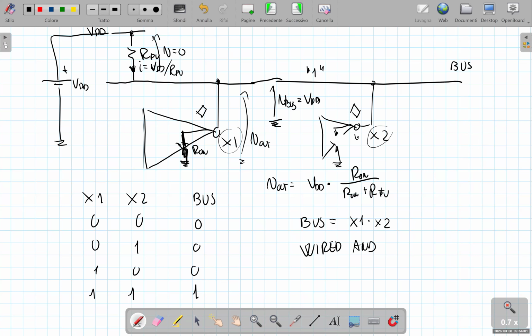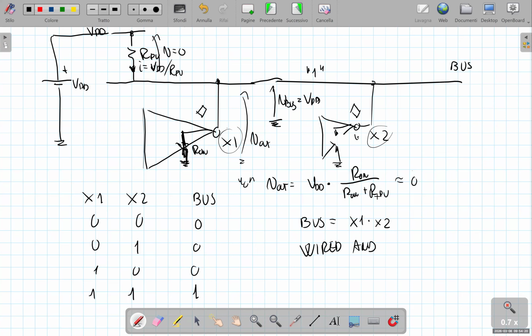If we choose R PU very small, clearly we want the low state to be as close as possible to zero.